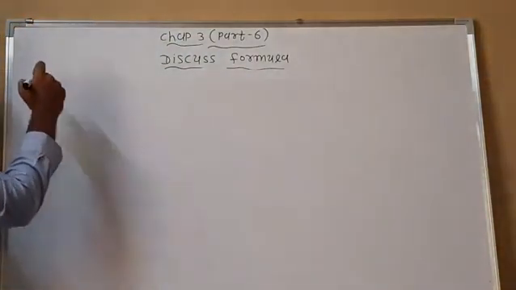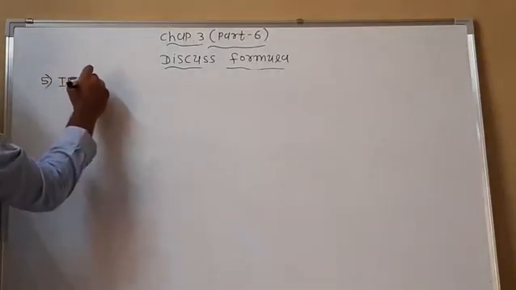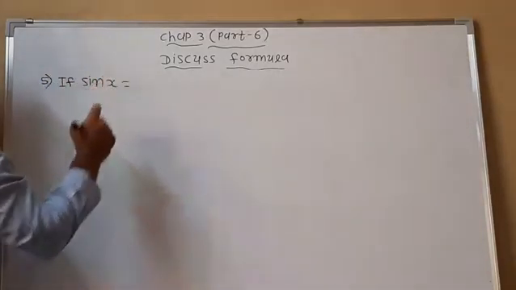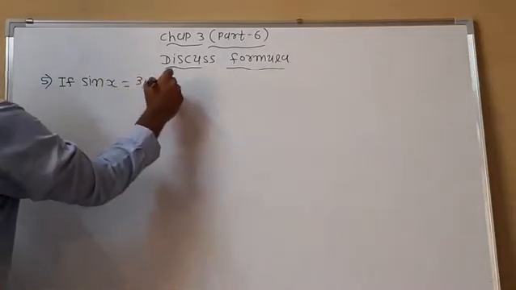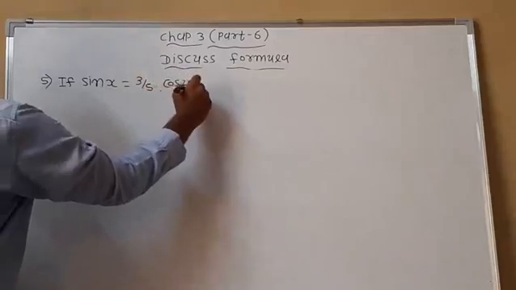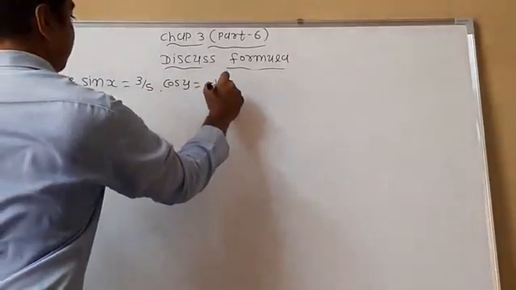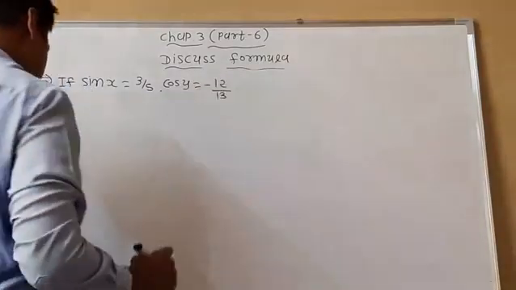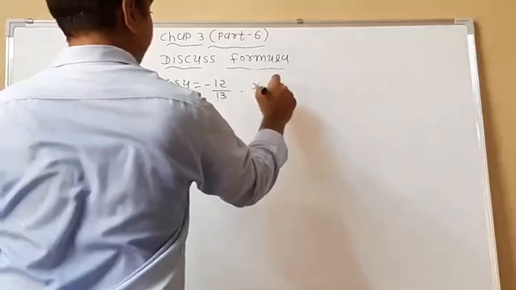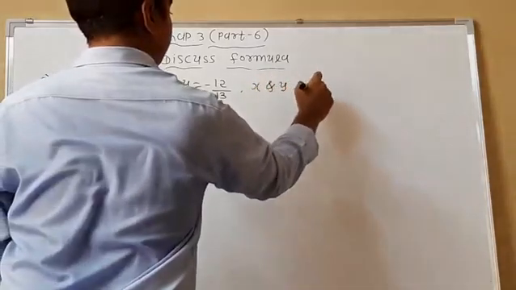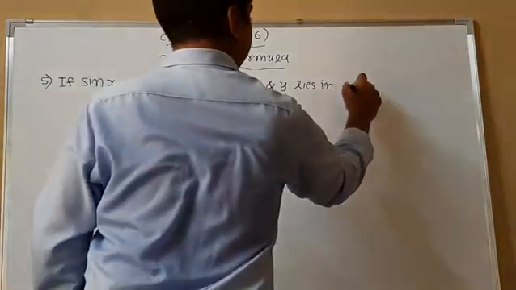Question number 5. If sin x is equal to 3 upon 5 is given, cos y is equal to minus 12 by 13 is given, and the condition is given that x and y lie in the second quadrant.